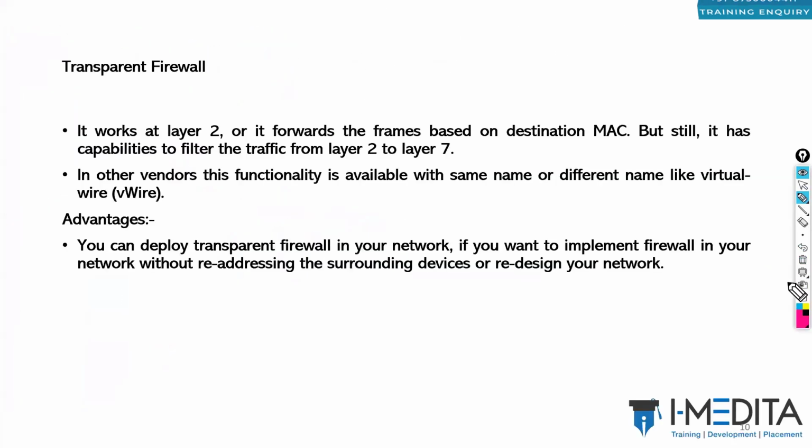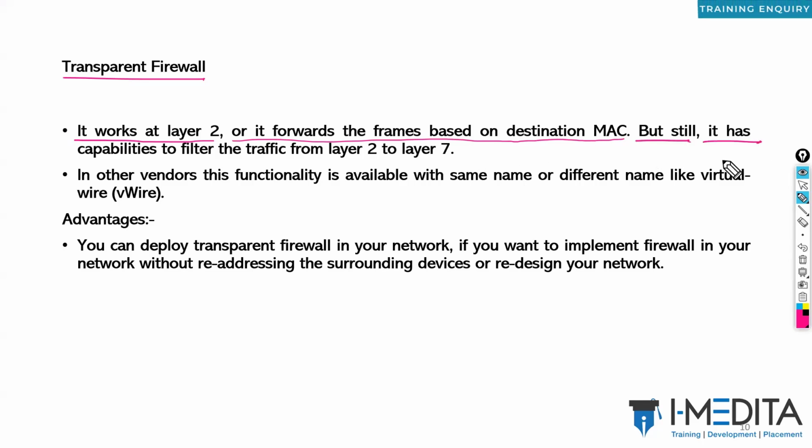We can understand the same thing with the help of a definition. What is a transparent firewall? It works at layer 2. When we say it works at layer 2, it means it forwards the frame based on the destination MAC.